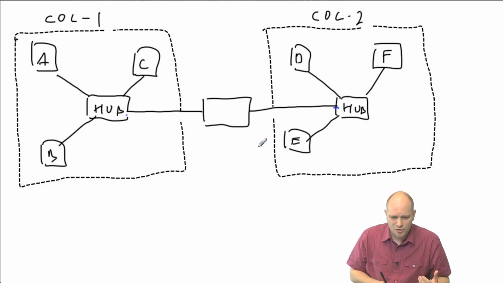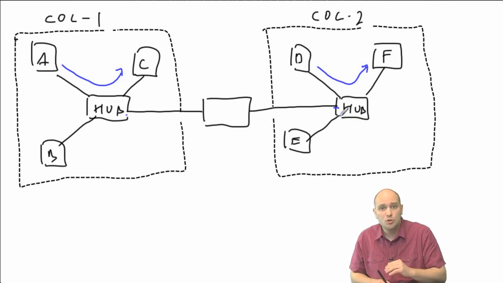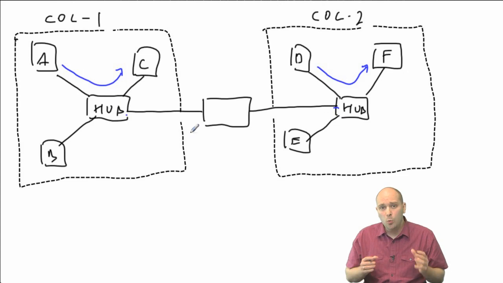In other words, if I had traffic happening here between A and C, and traffic here between D and F, these two conversations wouldn't have any effect on each other, because they would be in different collision domains.